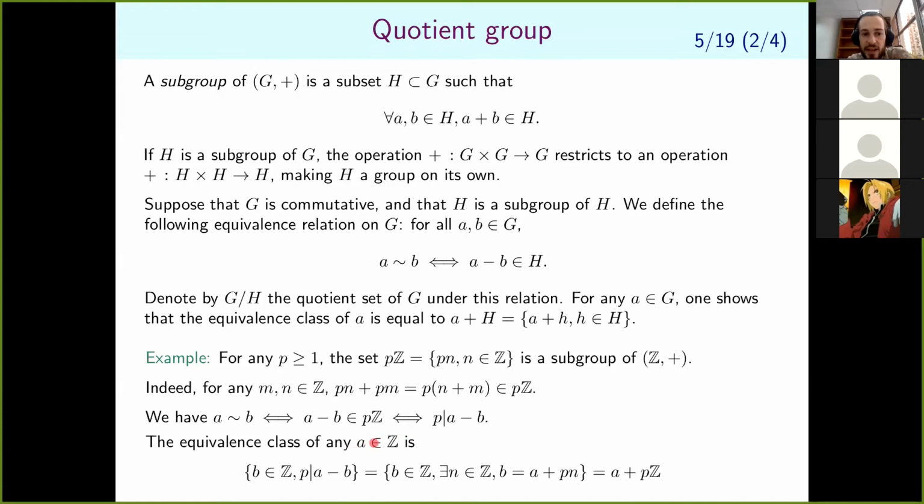If I take any A in Z, its equivalence class is the set of elements that are equivalent to A. So according to this, I know that the equivalence class of A is the set of integers B such that p divides A minus B. And you can see that this set is equal to A plus pZ, as we have here.